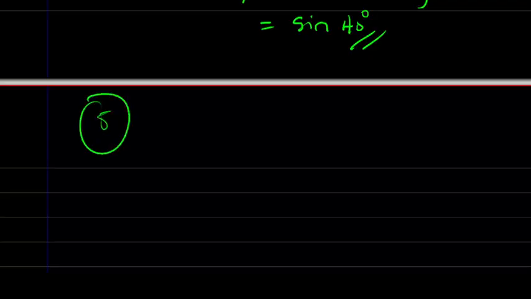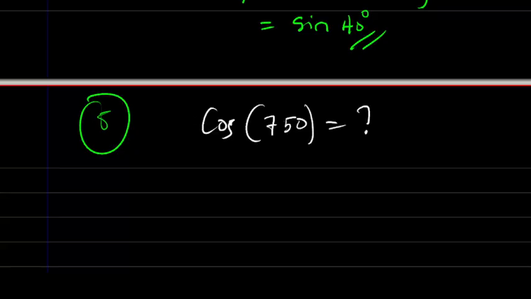Let me give another one. Number 5. Let's say we are asked to find cos 750. As usual, you don't need to waste your time. Just make sure you subtract 360 until you have something less than 360.